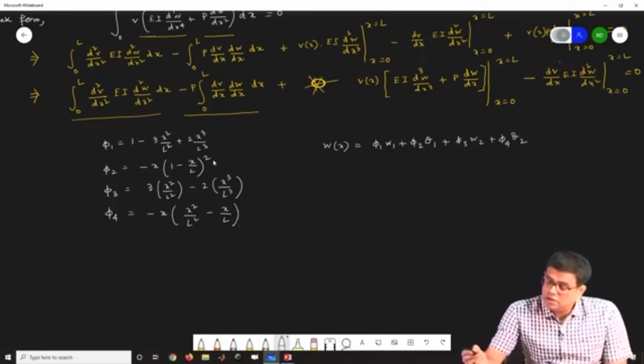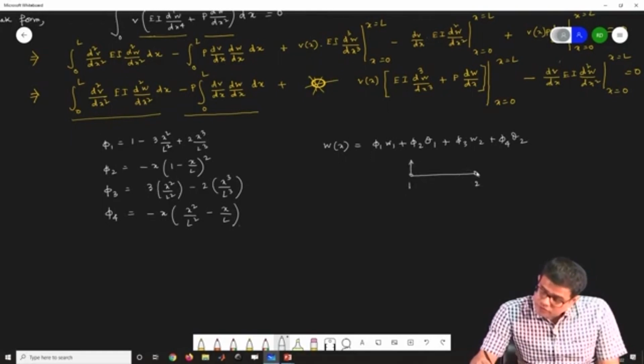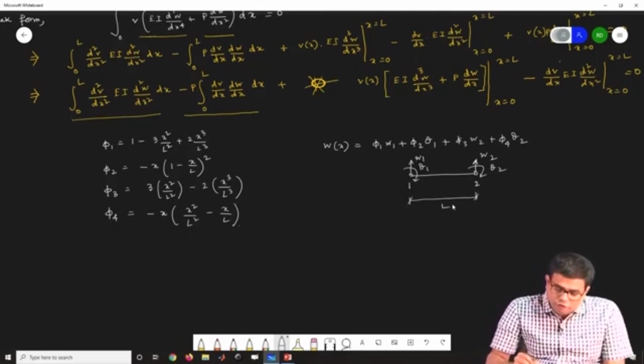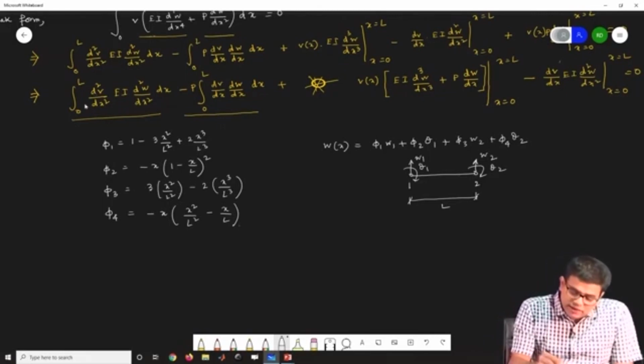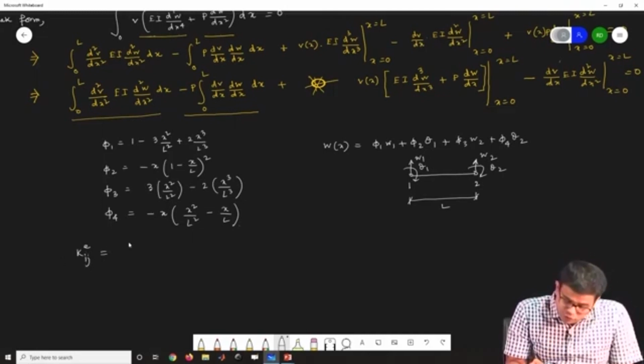If I write it for the same two-noded finite element, here I have W1, W2, theta 1, theta 2, and the length is L. Now if I substitute this, it will lead to my Kij, that is the beam stiffness matrix, which we all know, but let me just rewrite it.